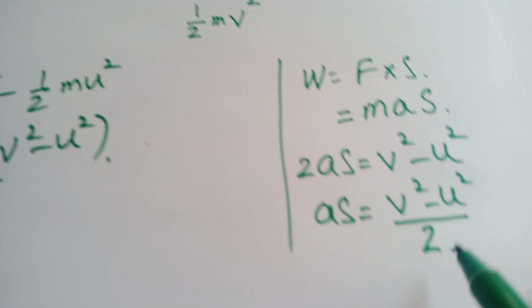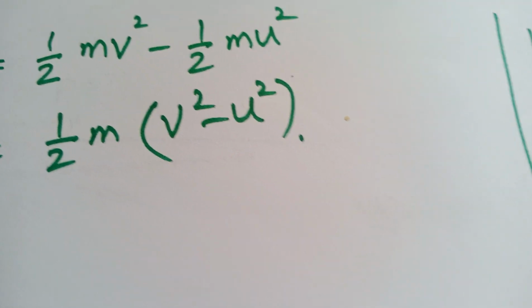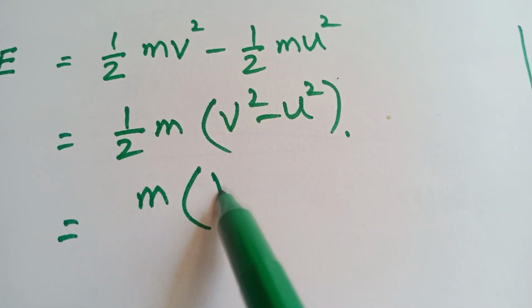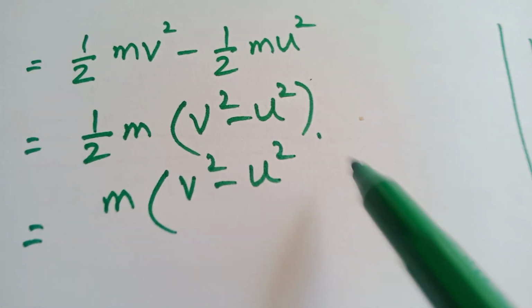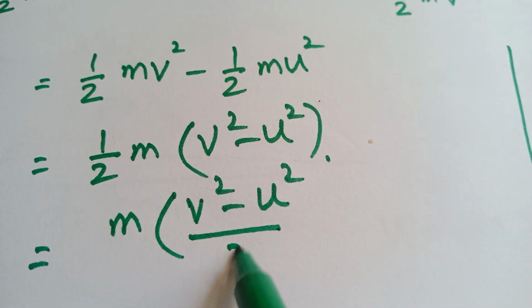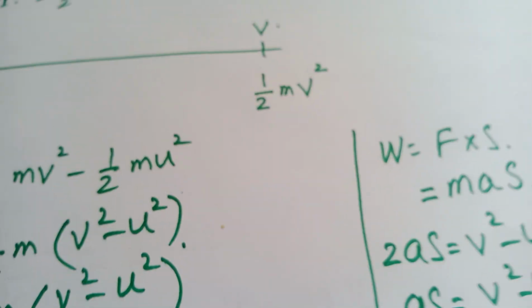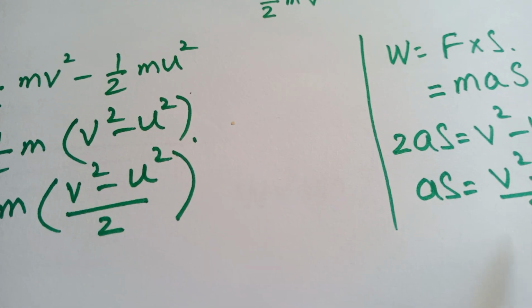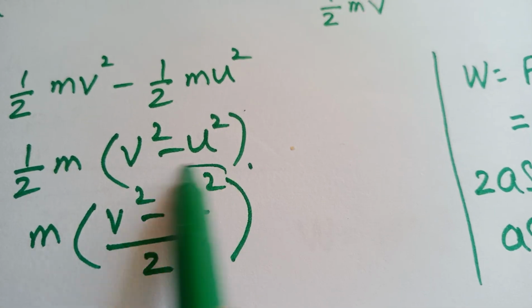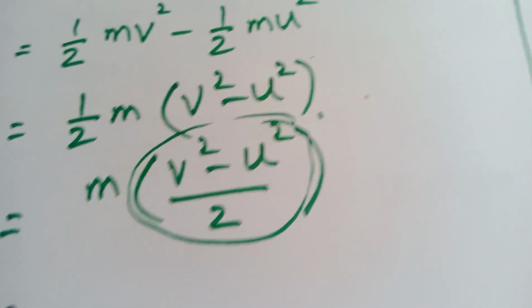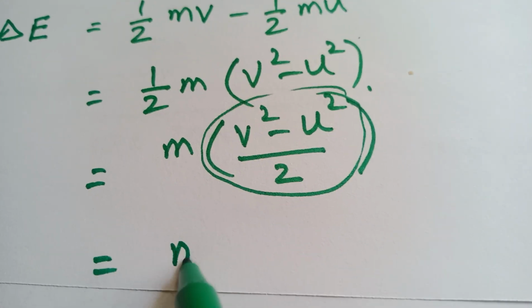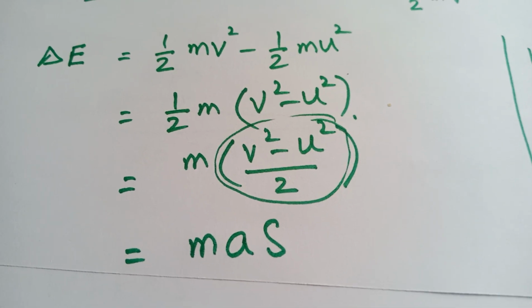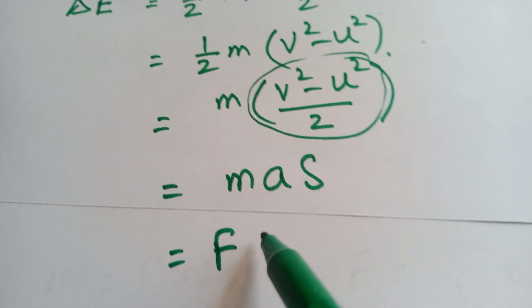Now let's look at it, I'm moving from this to this over here. Can I write this as m into v square minus u square over 2? Now can you see that we have got the same expressions here. Now I'll change this v square minus u square over 2 with the as. So this becomes mas, and now I'll change this ma with the F. So this is going to be F times s.